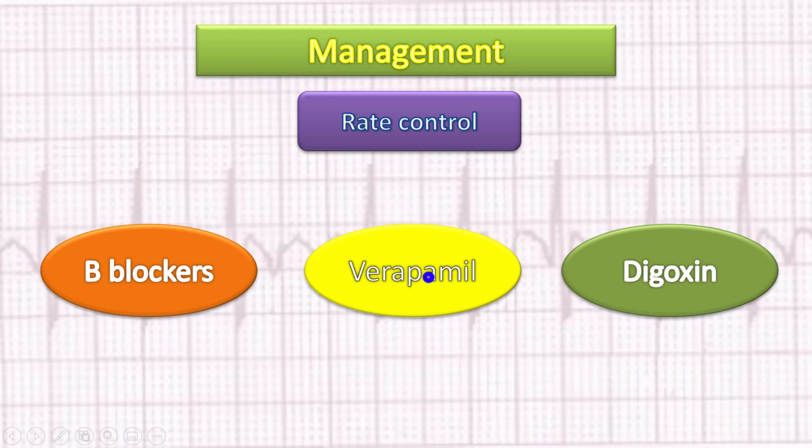The decision to use which type of drugs actually is determined by the clinical picture of the patient. For the patients with arrhythmias, which is stable, and when we talk about stability, there are different signs of instability when we are talking about the arrhythmias.